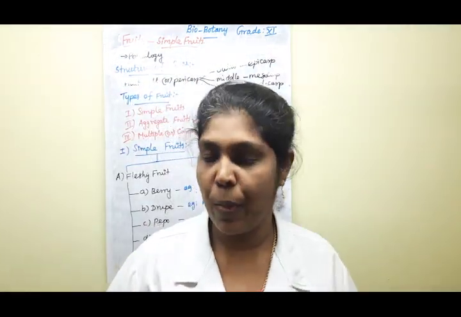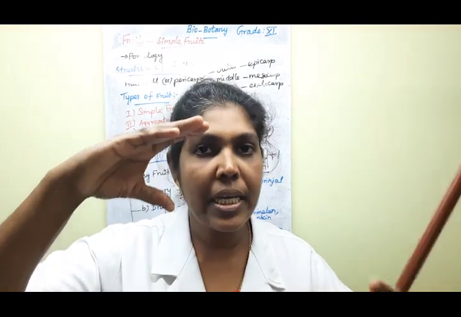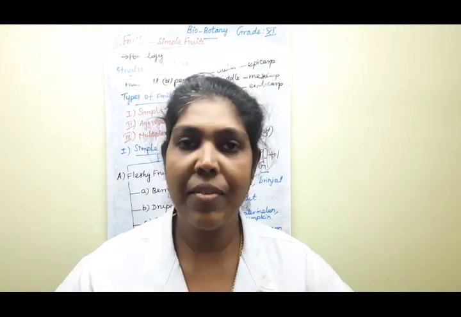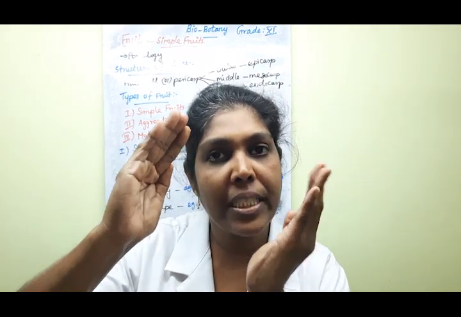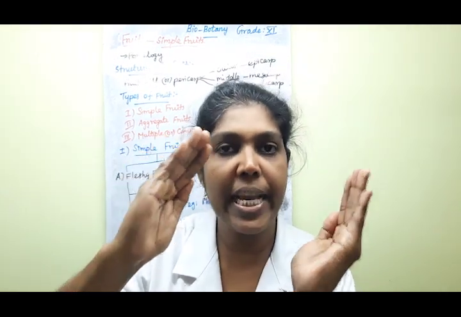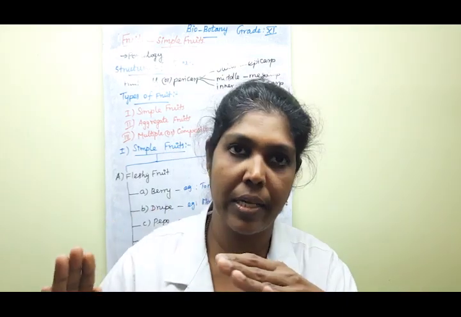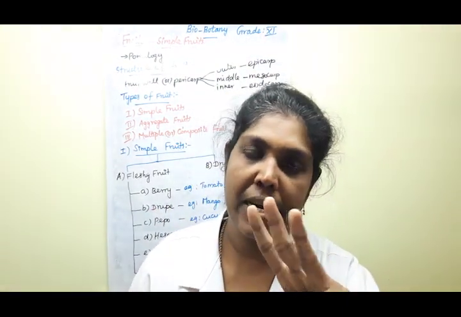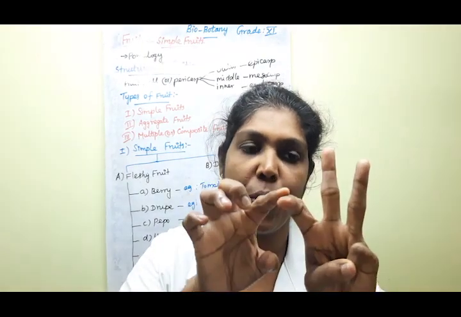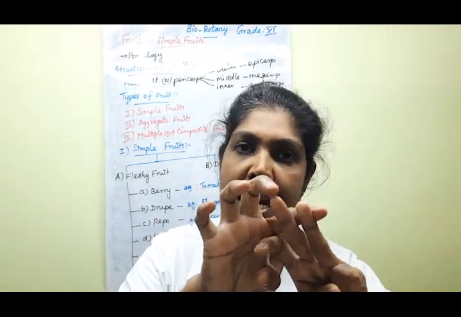Clear, children? If you look at this, the whole thing is a fruit, and the pericarp is the fruit wall. This pericarp is differentiated into 3 regions: the outer, the middle layer and the inner region.